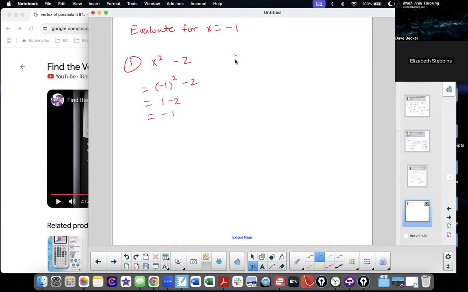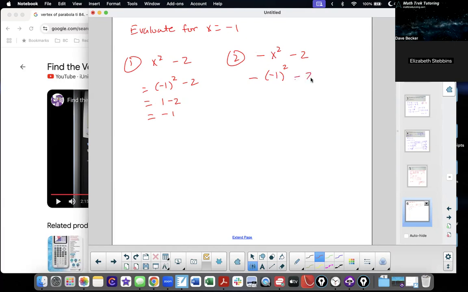Now with negative x squared minus 2, this negative stays out and it's separate, and I'm plugging in -1 for x.